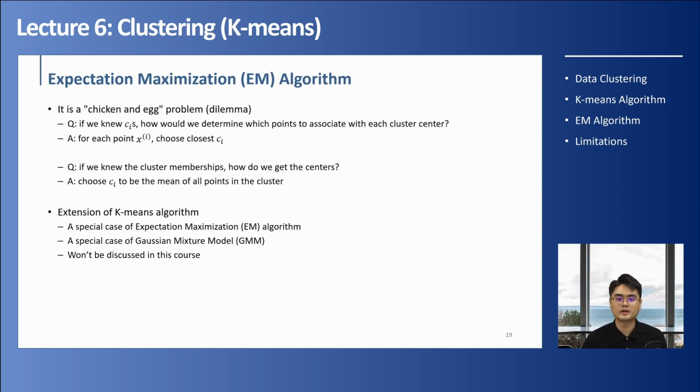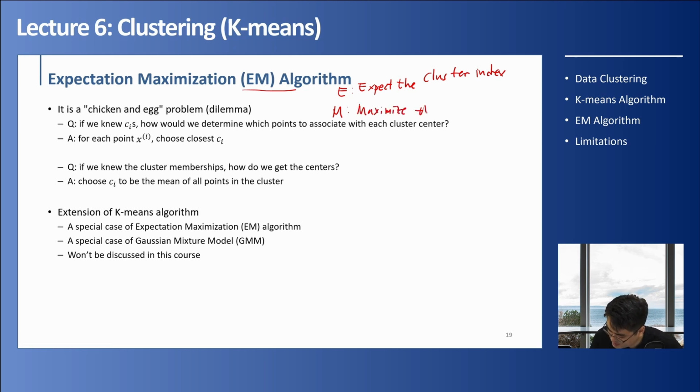Actually, we can think of this as an expectation maximization algorithm, an EM algorithm. For E, this means expect, and what we're doing here is expecting the cluster index, and what we're maximizing here is the similarity, or we can say that we're minimizing the distance.